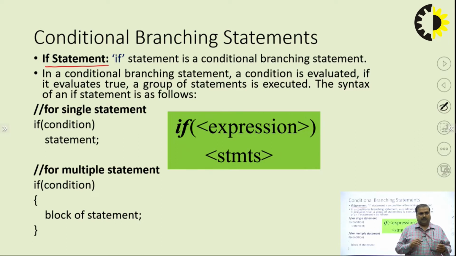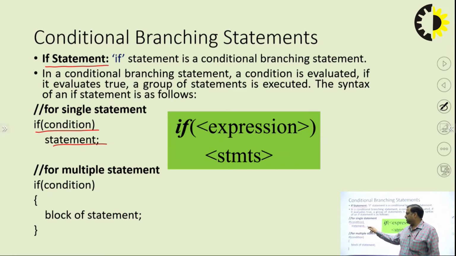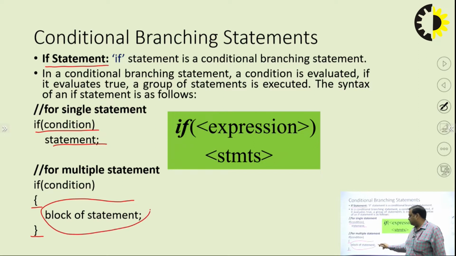For a simple if statement, we write if, some condition, followed by a set of statements. If it is a single statement, then nothing else is required. If there are multiple statements, then we use curly braces, and the n number of statements will be treated as a block of statements.